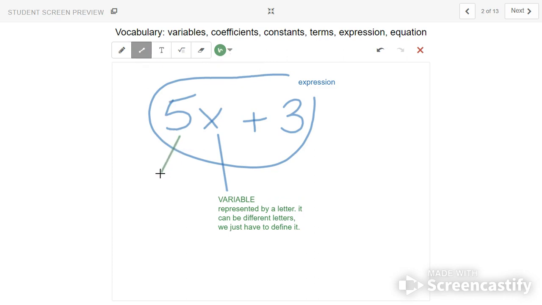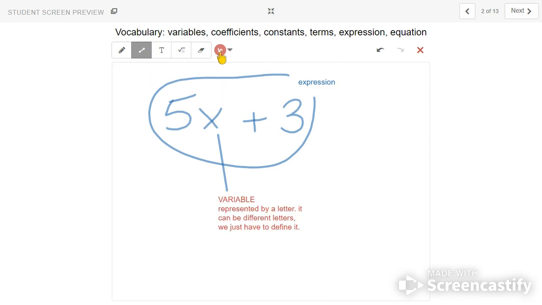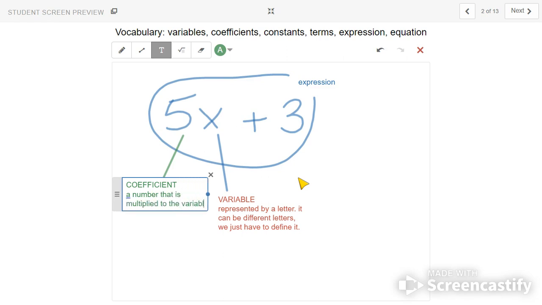Now, the number that we have multiplying our variable is called the coefficient. Coefficient, by definition, is a number that is multiplied to the variable.